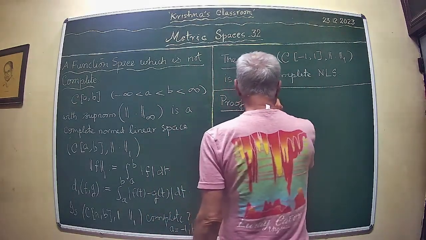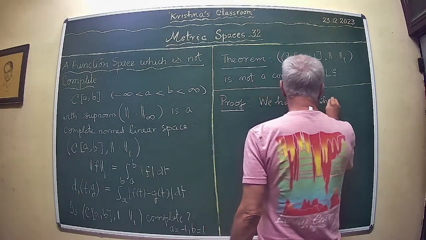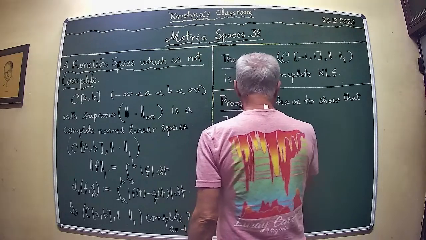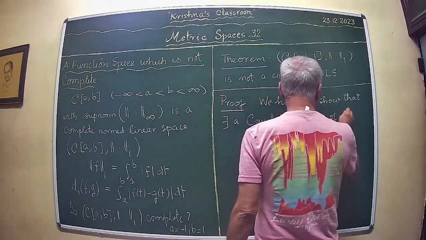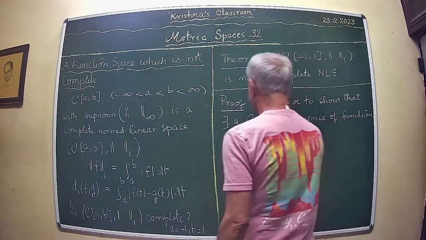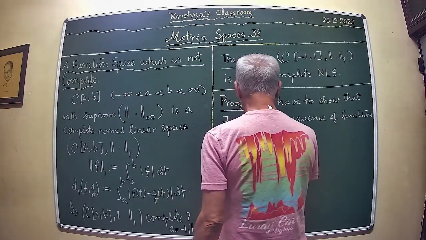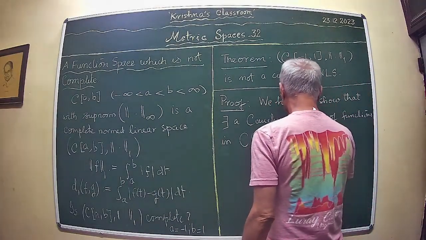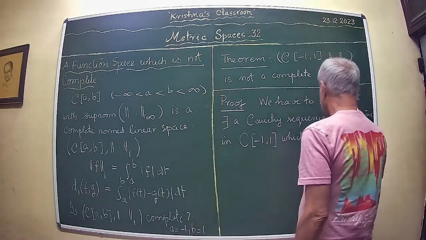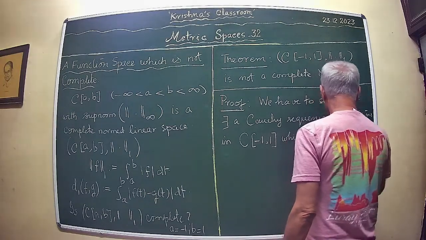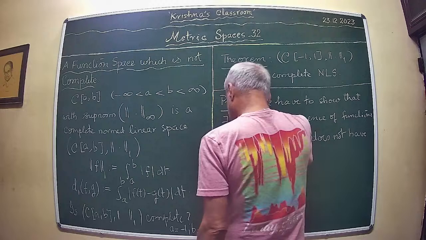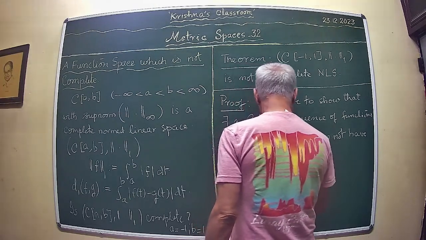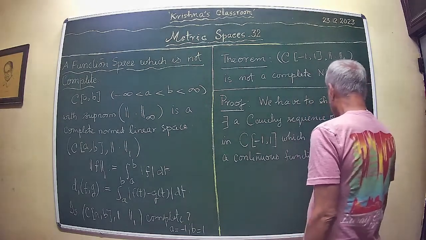So we have to show that there exists a sequence of functions in C[-1,1] which does not have a continuous function as the limit.